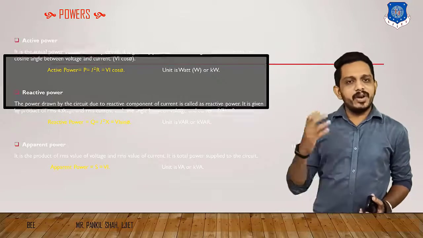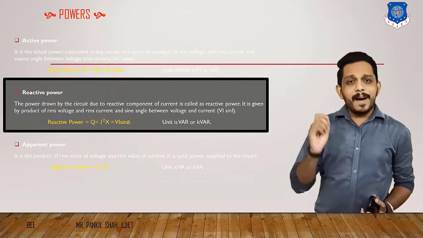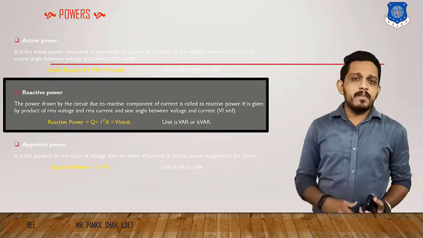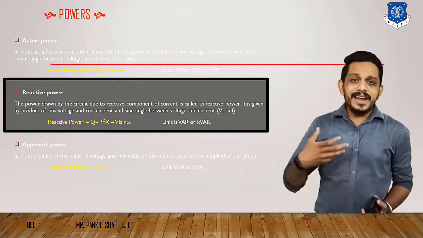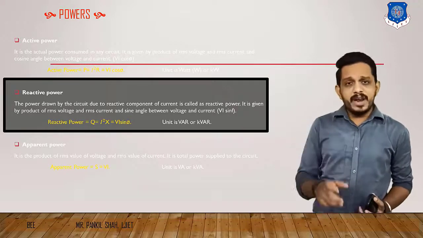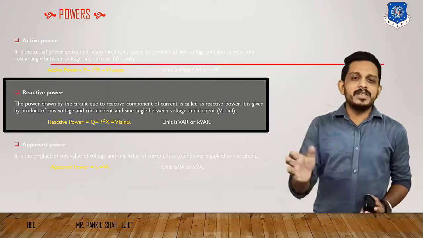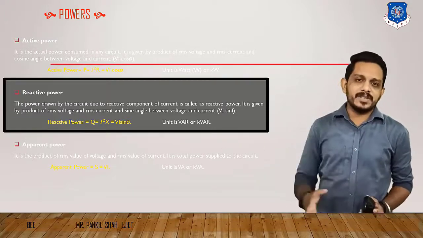The next power is known as the reactive power. Reactive power is the power drawn by the circuit due to the inductive or capacitive components connected in that circuit. If we are talking about a pure resistive circuit, then the reactive power will be 0, because no inductor and no capacitor is there.